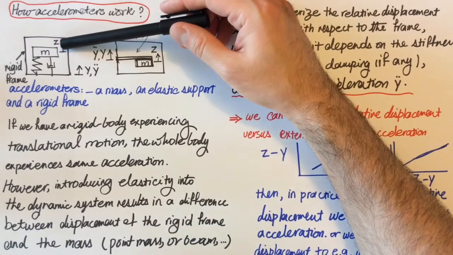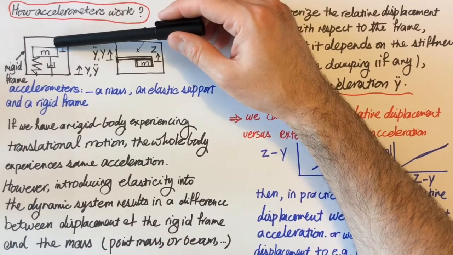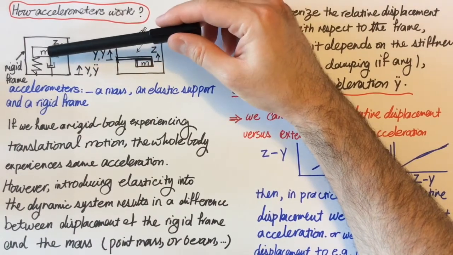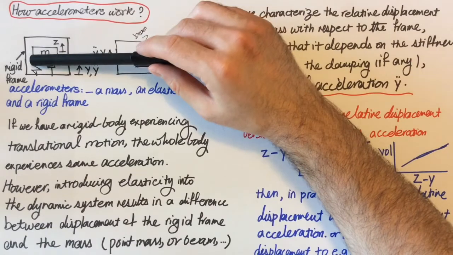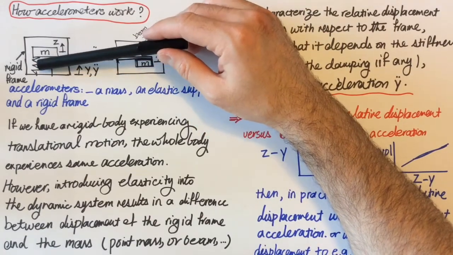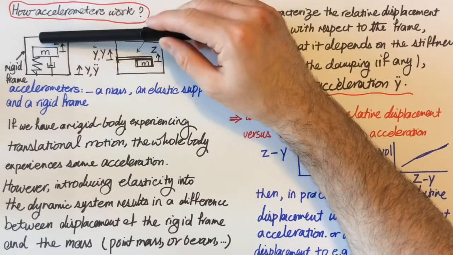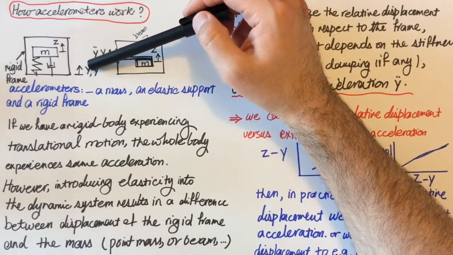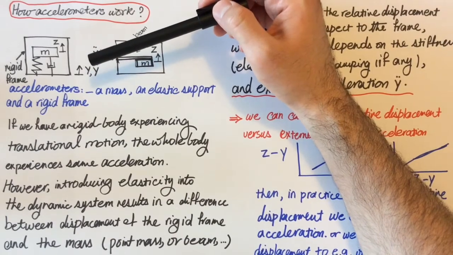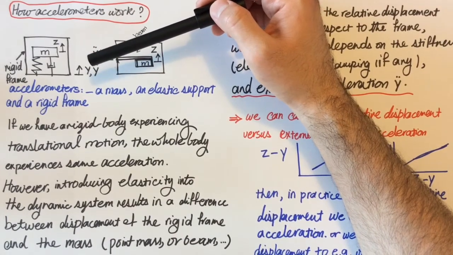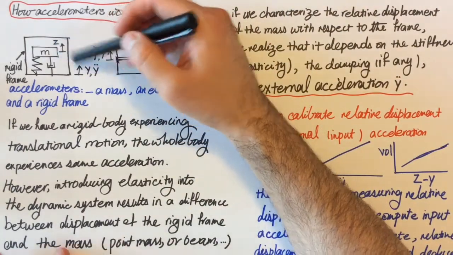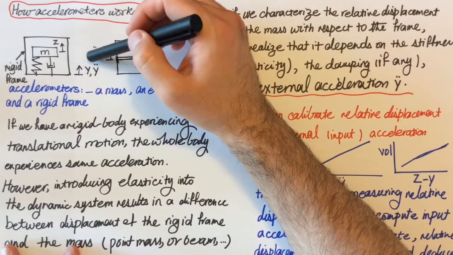But you do understand that this relative displacement depends on the spring, how stiff the spring is, the mass, and it also depends how strong this external acceleration is, right? So it turns out that the relative displacement can be related to the external acceleration.